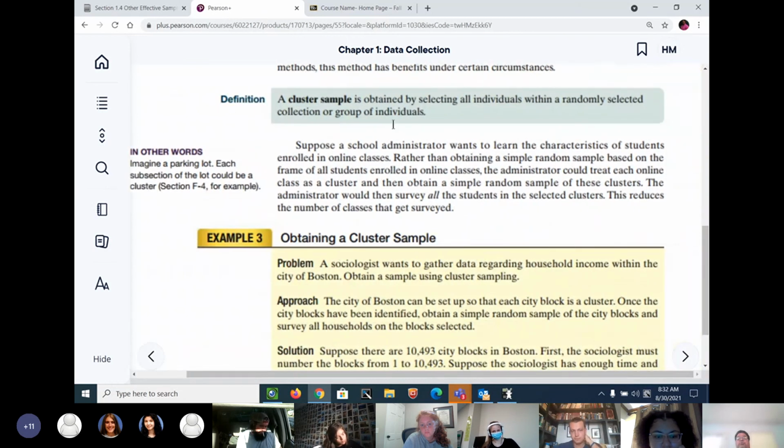A cluster sample is obtained by selecting all individuals within a randomly selected collection or group of individuals. I like to use a voting precinct because that is a group of people in a certain time period. And right there, from 7 o'clock in the morning to 7 o'clock at night, you've got that cluster right there.